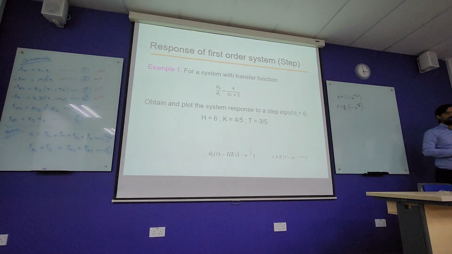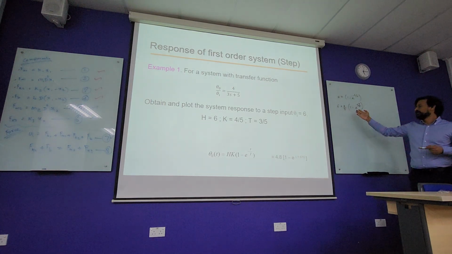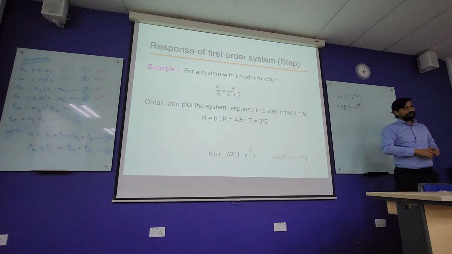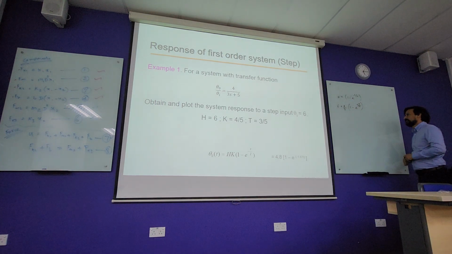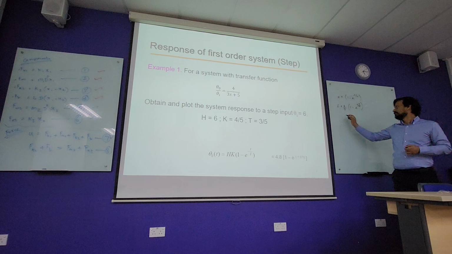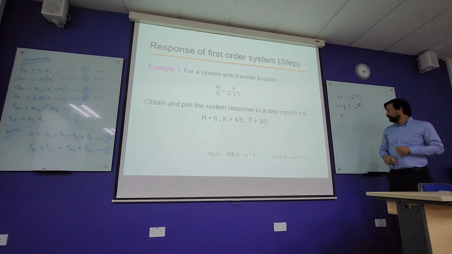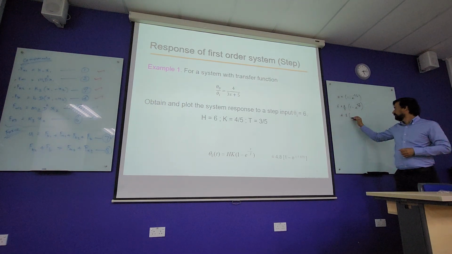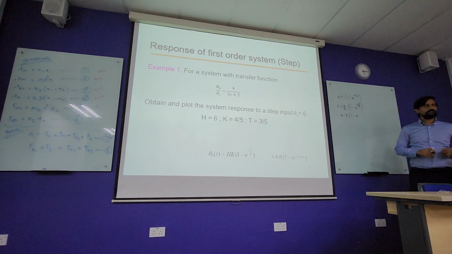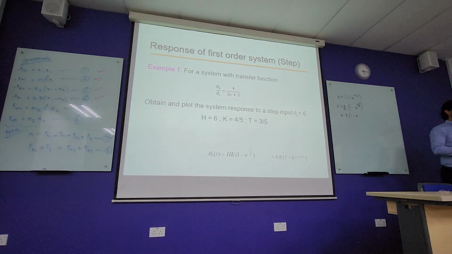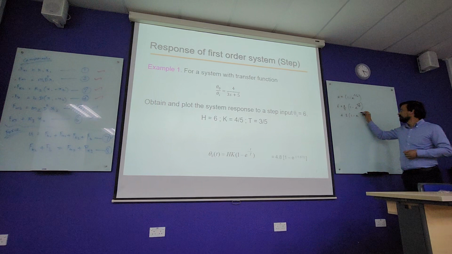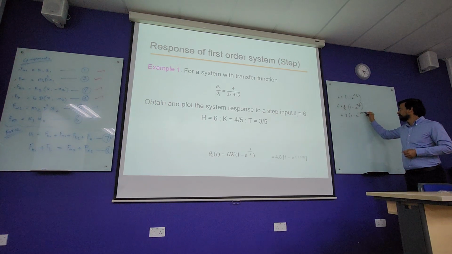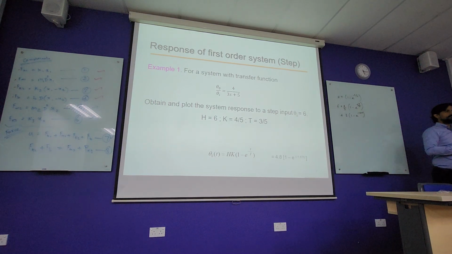Okay, so you can multiply, let's say 24 divided by 5, that's 4.8. Then 1 minus exponential of 5 by 3 is 1.67. So that's the answer for this step input.